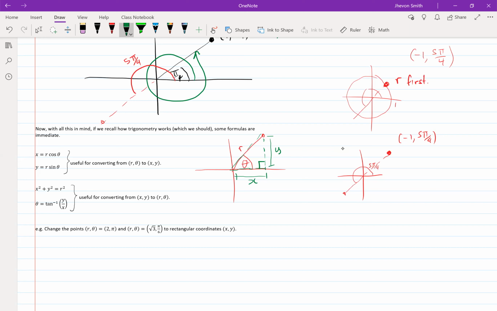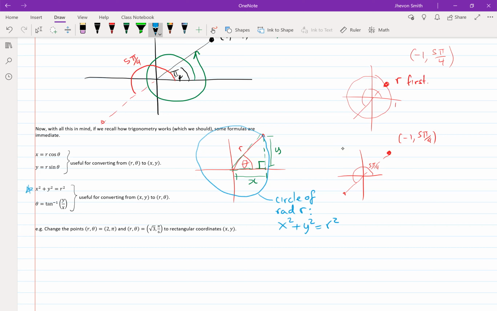Also, as should be clear, because this represents a circle of radius r, its equation would be x squared plus y squared equals r squared. And so this equation would take effect right away.